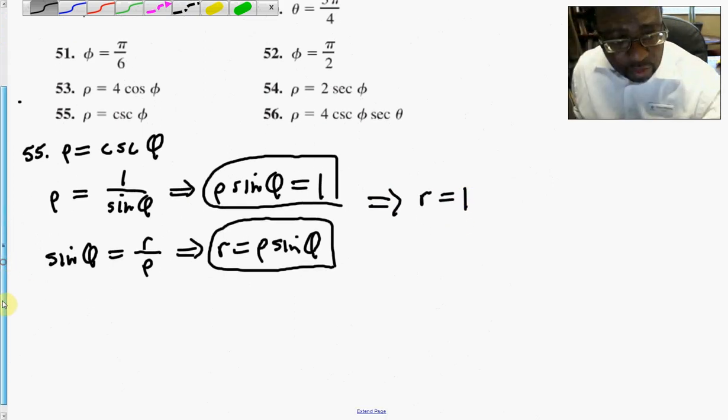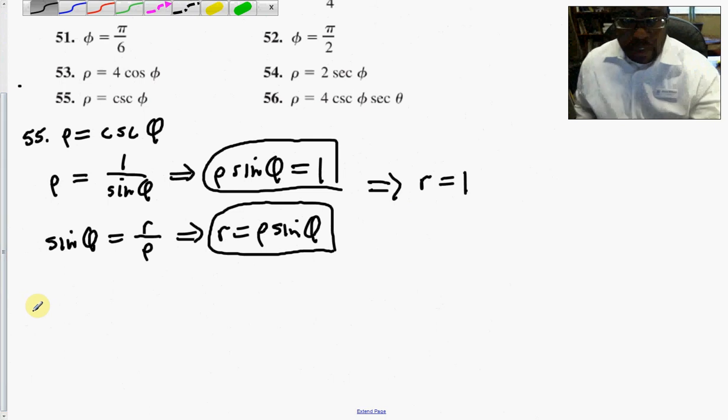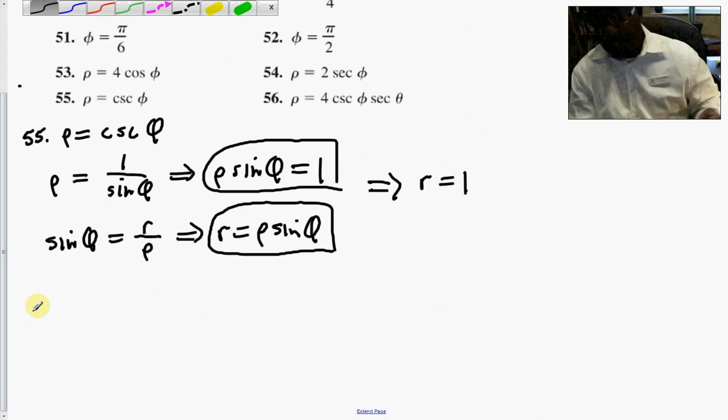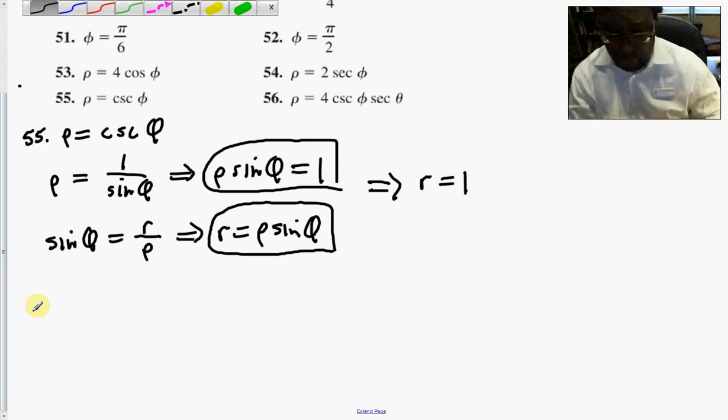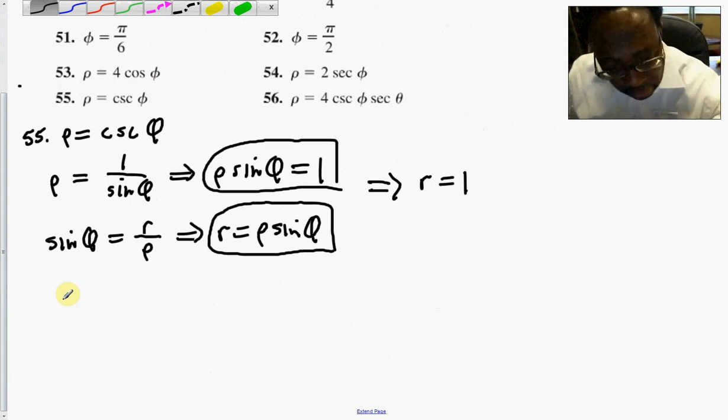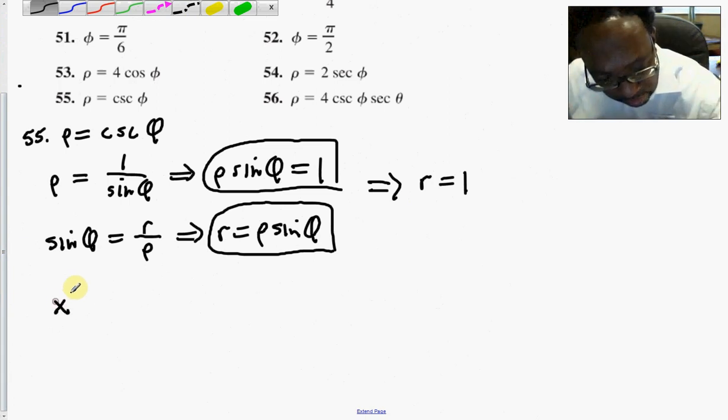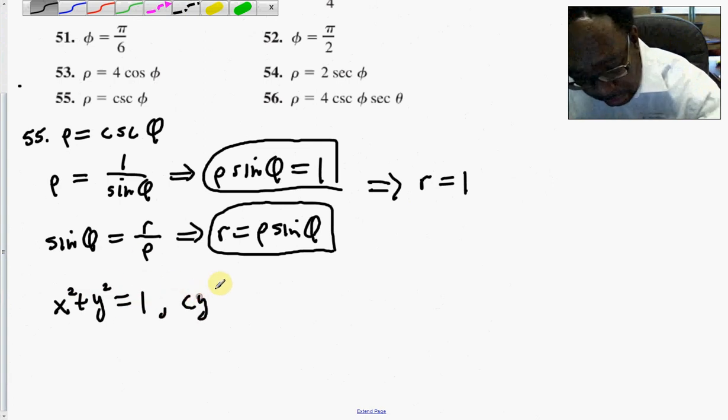Well, if r is equal to 1, we write things from cylindrical or spherical to rectangular so that we can graph. So r equal to 1 is the same thing as x squared plus y squared is equal to 1 squared. So this is a cylinder.